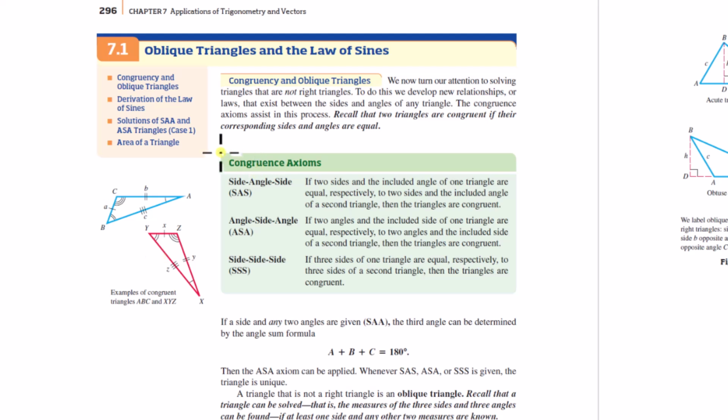Okay, and now they want to go over the congruence axioms that we learned in geometry. Now, why are we doing this here? Well, when it comes to solving triangles, so finding all the side lengths and the angles, there's a minimum amount of information you need to be able to solve the triangle.